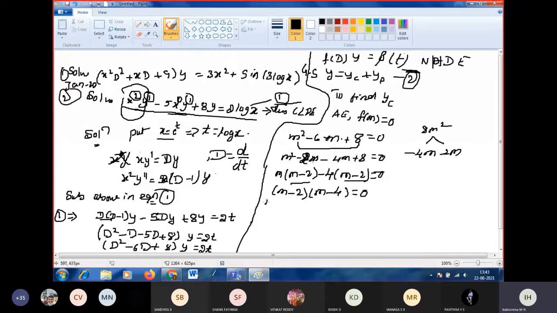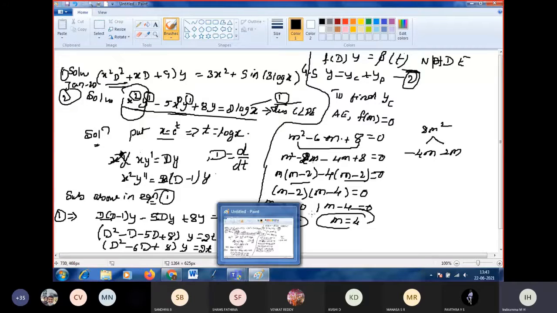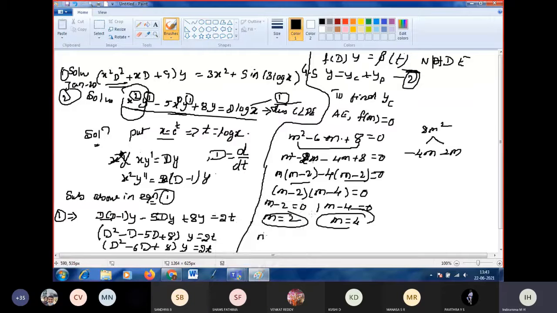That means either m minus 2 is equal to 0 or m minus 4 is equal to 0. This implies m equal to 2 or m equal to 4. Since it is a second order differential equation, how many roots? 2 roots. So m is equal to 2, 4. What is the nature of the roots? Real and distinct.